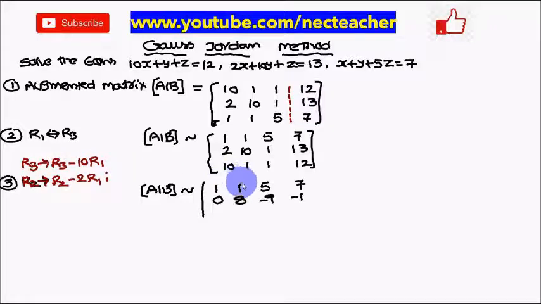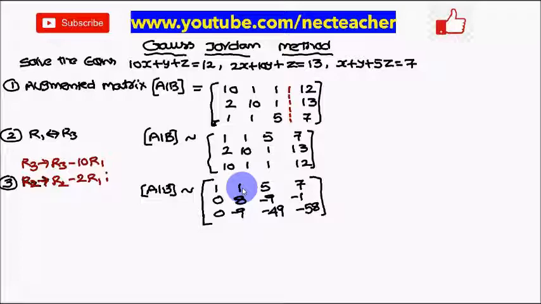If you do that, you are going to get 2 minus 2 is 0, 10 minus 2 is 8, 1 minus 10 is minus 9, 13 minus 14 is minus 1. Similarly R3 minus 10 times R1, you will get like this. Next, which elements you have to make 0?